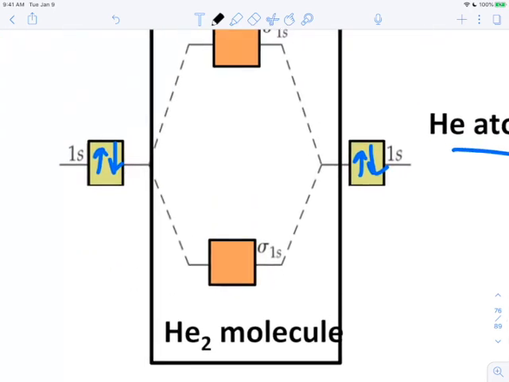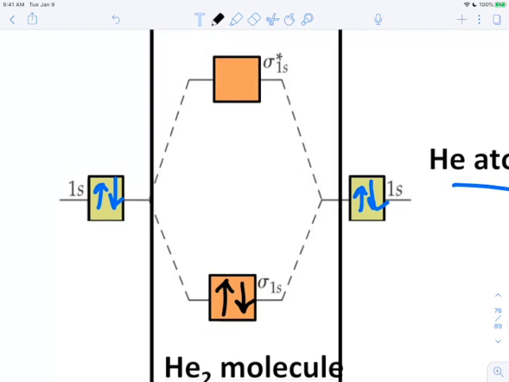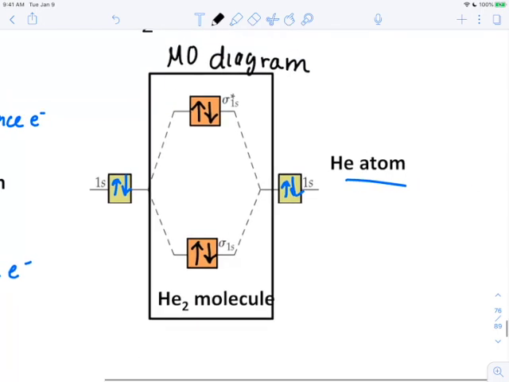I'm going to start at the bottom, 1 and then 2. And remember, they always have to be of opposite spins. Now we move up to the next energy level. And I've now placed in all 4 electrons. So any questions on how we filled in that MO diagram?